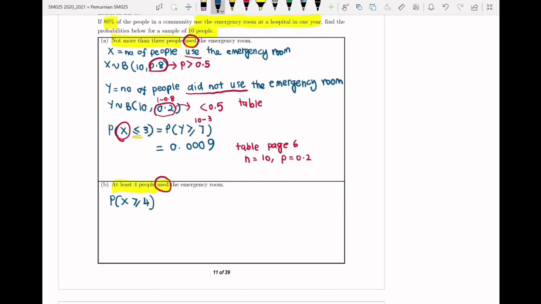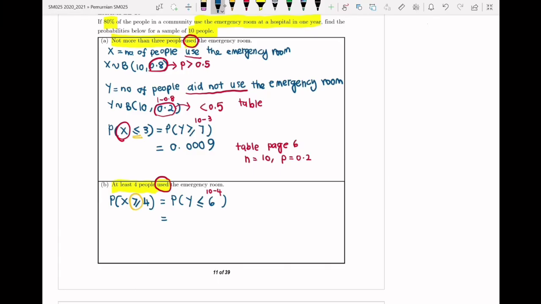But we cannot use the table because for X the probability is greater than 0.5. We need to change it to Y. So if we have greater than or equal for X, for Y we will have less than or equal. If for X we have 4, for Y we have 10 minus 4, where 10 is the value of n, so 6. Okay, so we can now refer to table page 6 again with n equals 10, p equals 0.2.